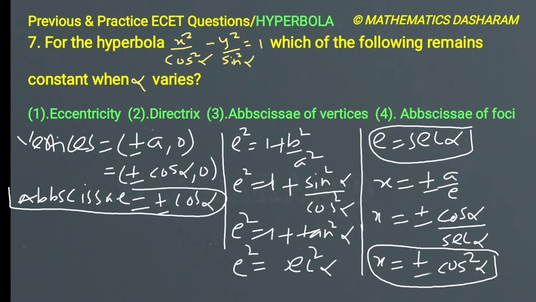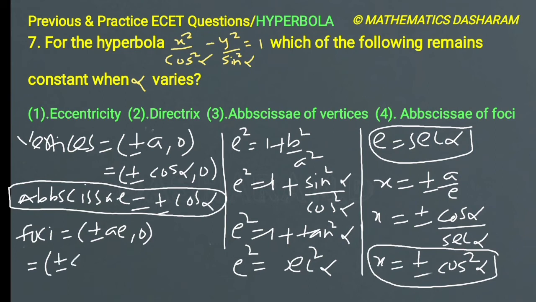Next, the fourth option. What is the fourth option? Abscissa of foci. First of all, let's find out the foci. Plus or minus ae comma 0, plus or minus a value cos alpha into e value sec alpha comma 0.